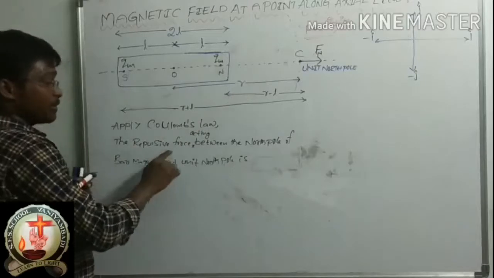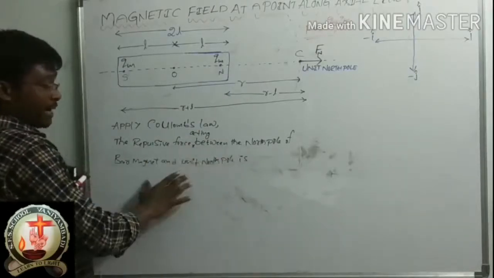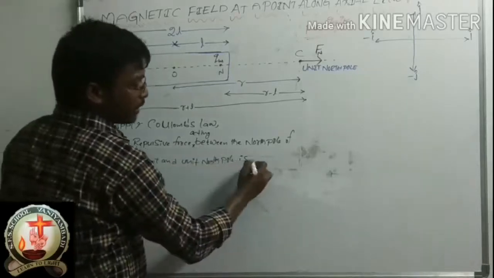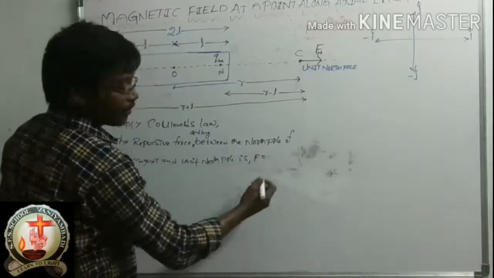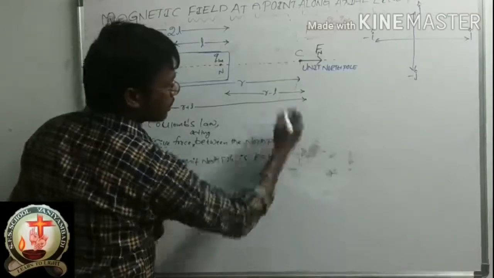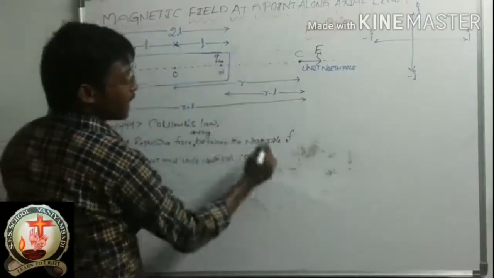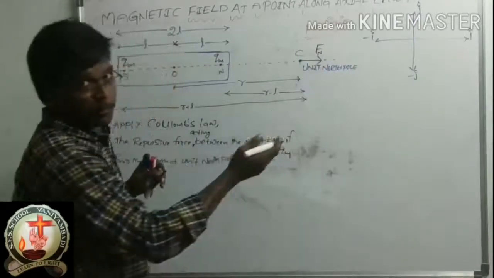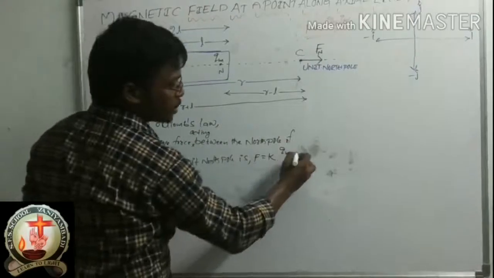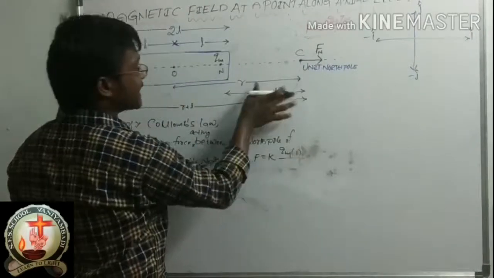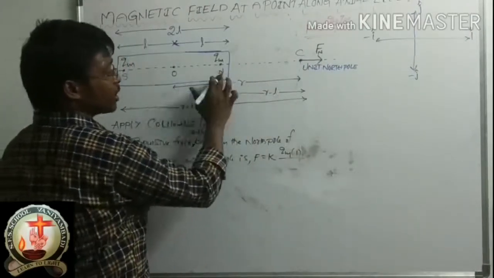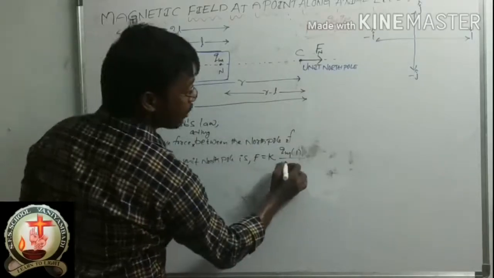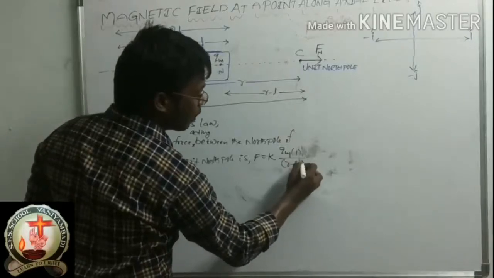So the repulsive force acting between the north pole of the bar magnet and the unit north pole is F equals K into, what is this north pole's magnetic pole strength? Qm. Here this is the unit north pole, so what is the pole strength? 1. So 1 by distance, how much? Here this is the north pole. From here to here, what is the distance? R minus L. So R minus L whole square.